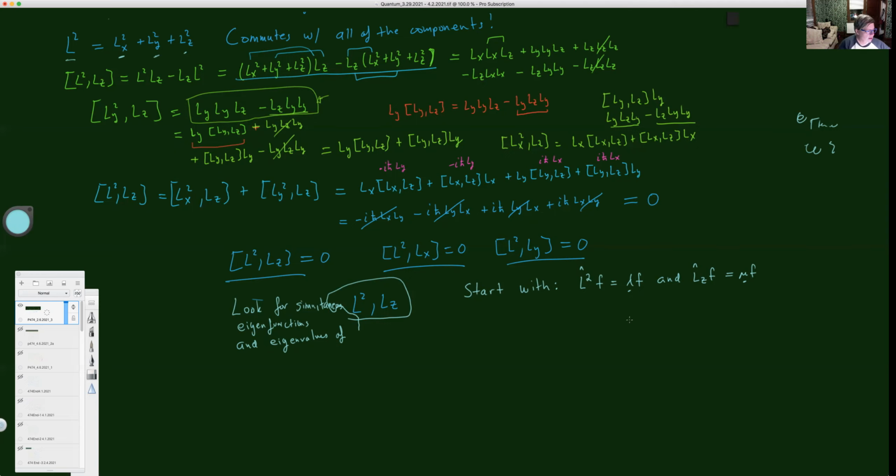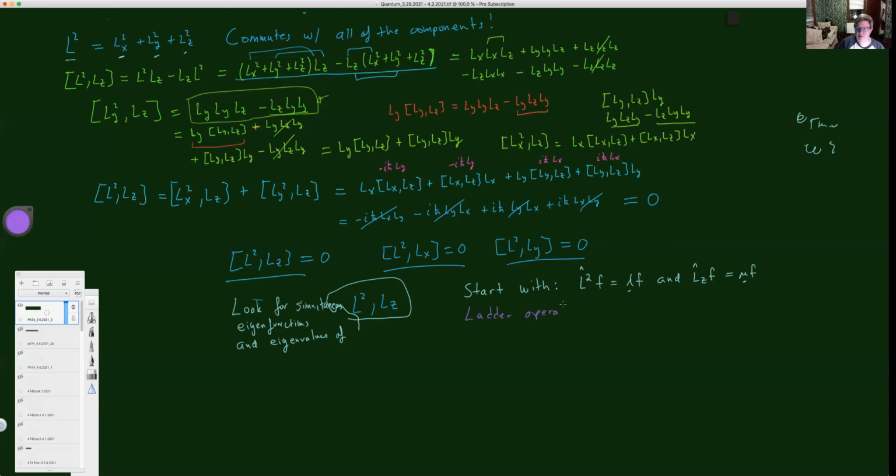We're going to start by defining ladder operators, very similar in spirit to the ones we used for the quantum harmonic oscillator.